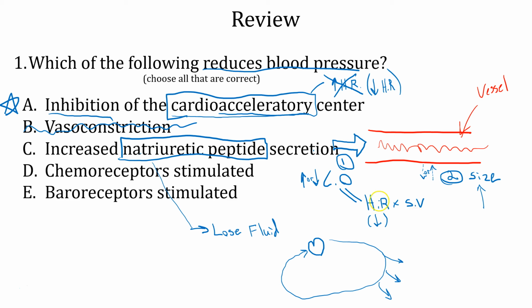And if you remember all of those factors that affect stroke volume, if you decrease the venous return, it's actually going to decrease the stroke volume, both because the ventricles won't fill as much, and that's going to affect the preload, and it's also going to affect the contractility of the ventricle.